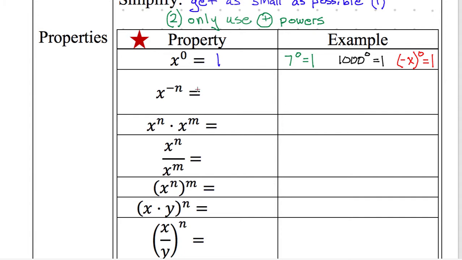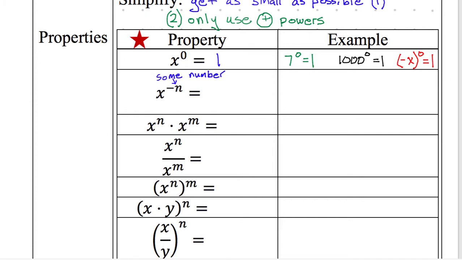All right. This is a much less known property: anything to the power of a negative number. This n is just some number. Usually it's going to be an integer, but I'll just say some number.